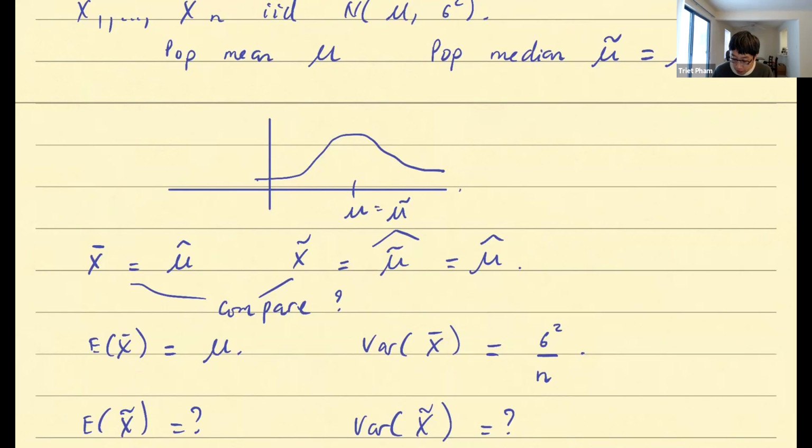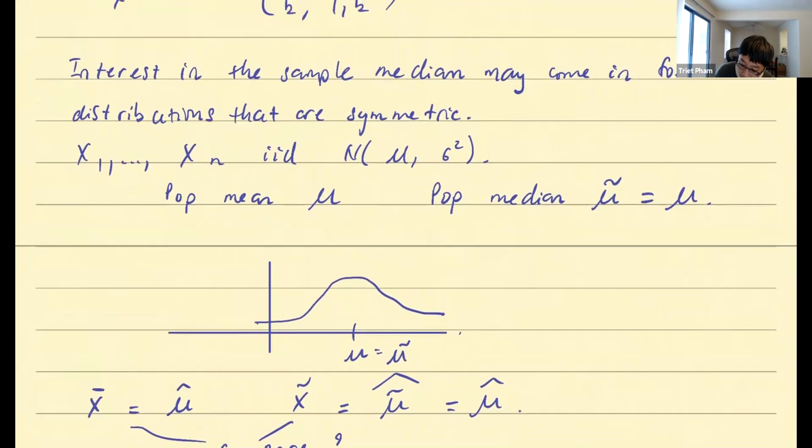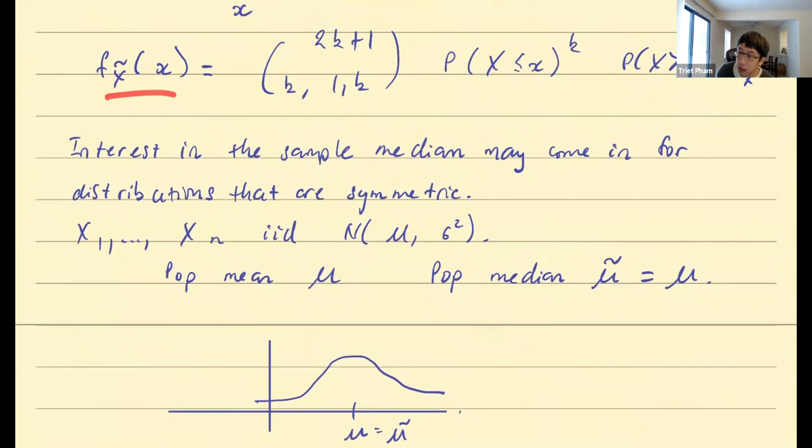But I want to put a question mark here, connecting back to what I said before. The moments of the order statistics are not something we can just hand out, because what it takes is you need to integrate this, and that is not something we can do right away.